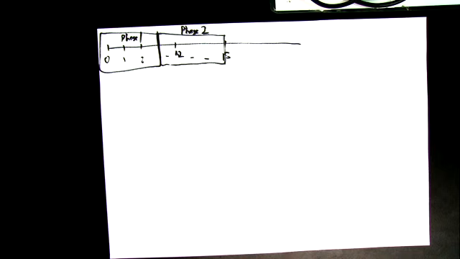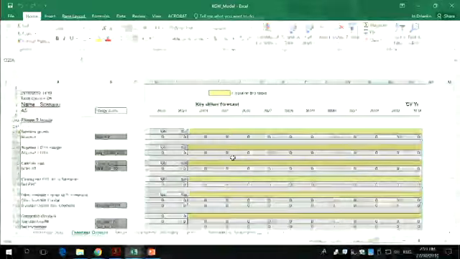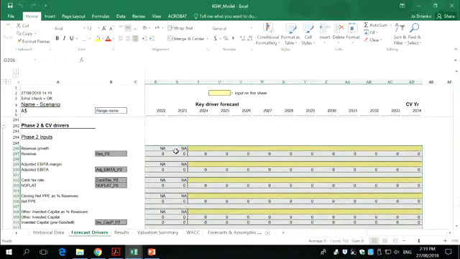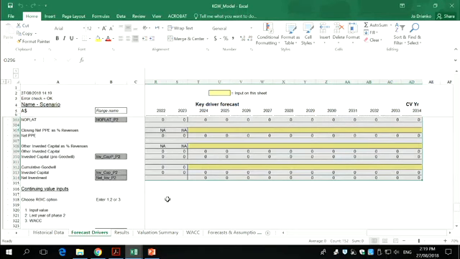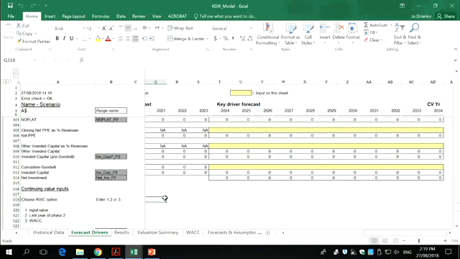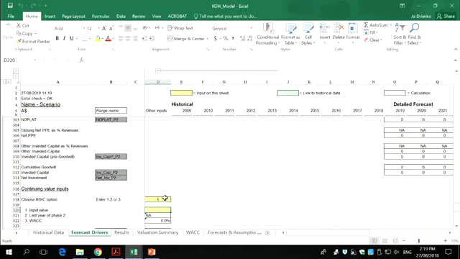And so all the forecasting for the 10 years is just done via 5 or 6 lines. So that's done here in KGW in the forecast drivers. It's called phase 2 here. So that's from 2024 to 2034. And then from then on, KGW asks you to input a continuing value assumption, down here.